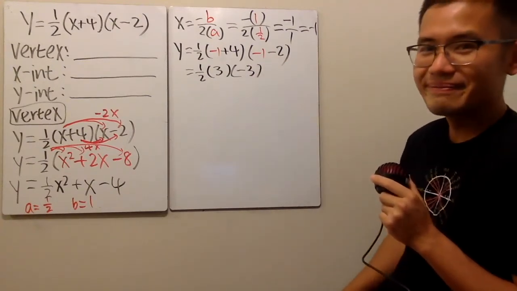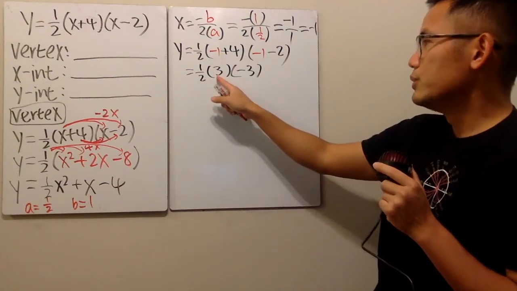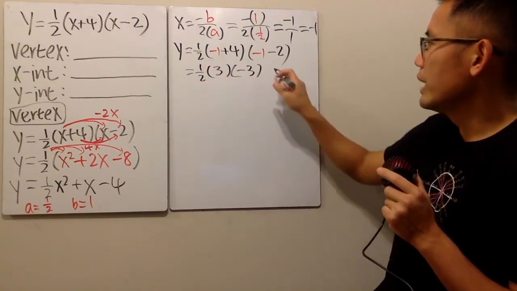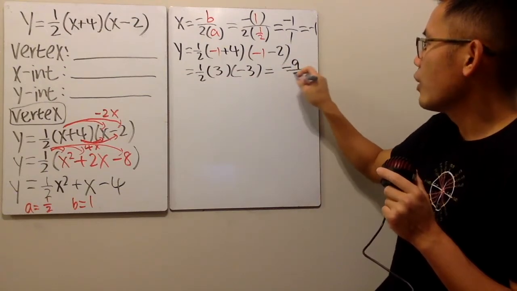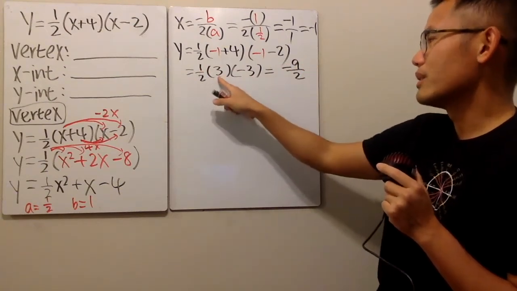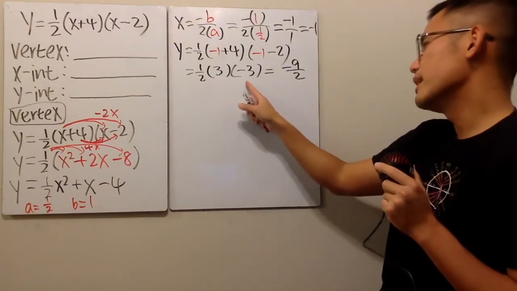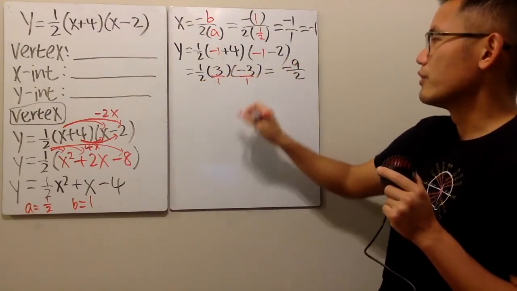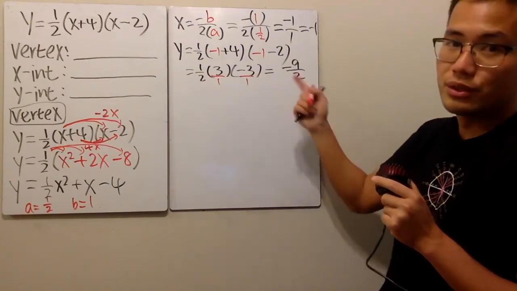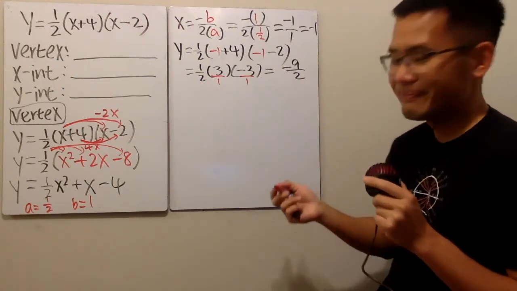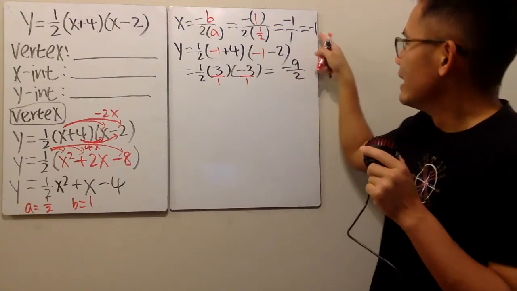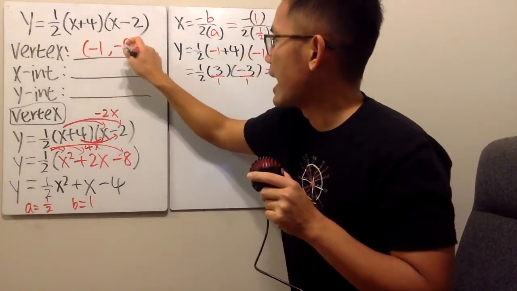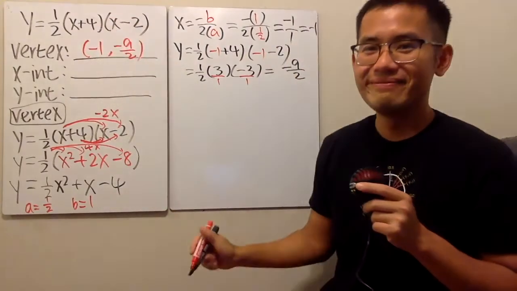Now, 3 times negative 3 is negative 9. Negative 9 times 1/2, we end up with negative 9 over 2. All right, negative 1 comma negative 9 over 2 for the vertex, right?